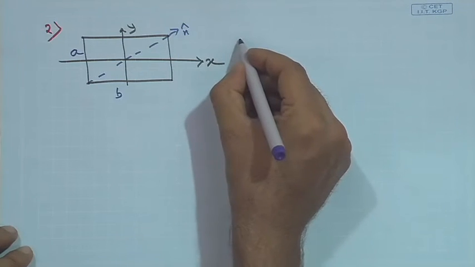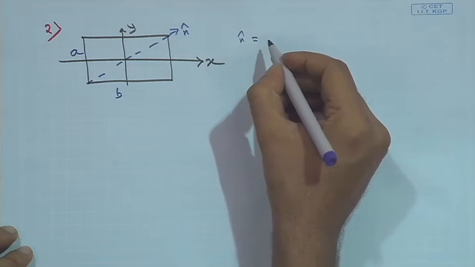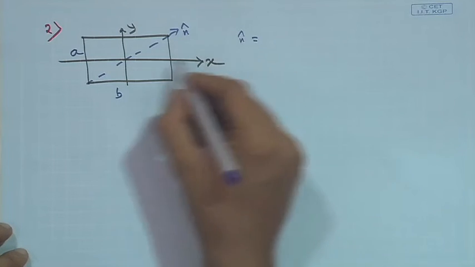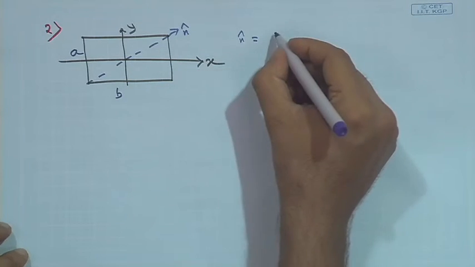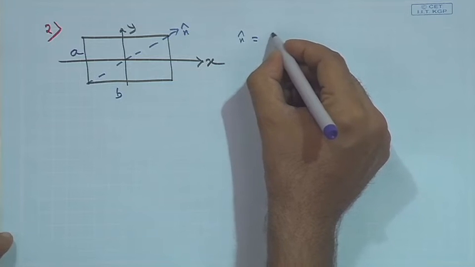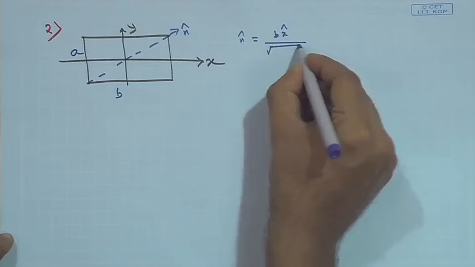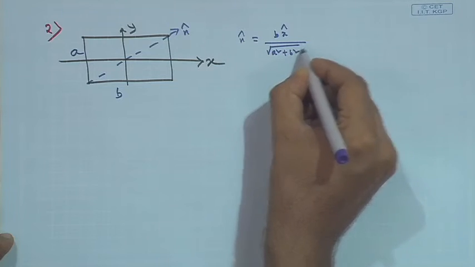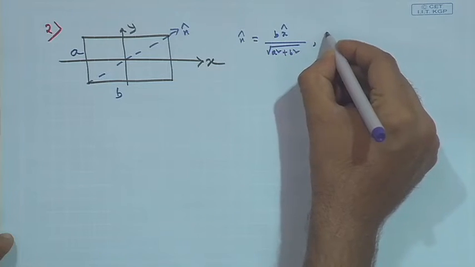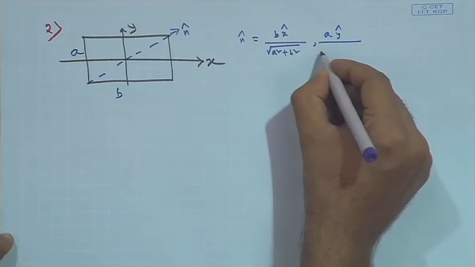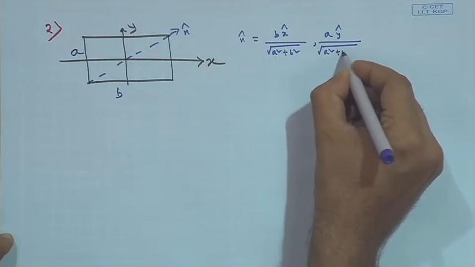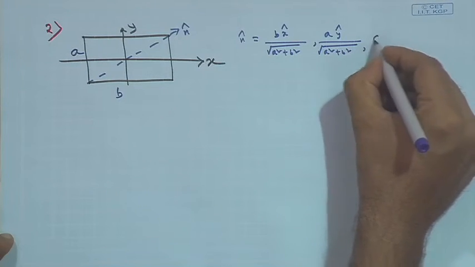So, n capped is given as, the diagonal vector when we have A and B, simply b x cap divided by root over a square plus b square, a y cap divided by root over a square plus b square, and 0.